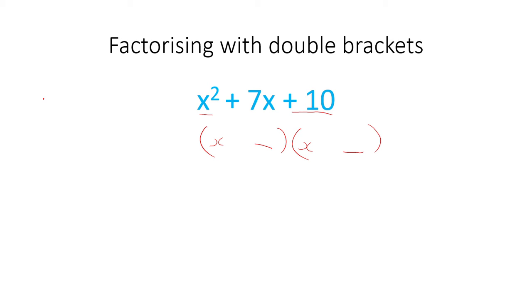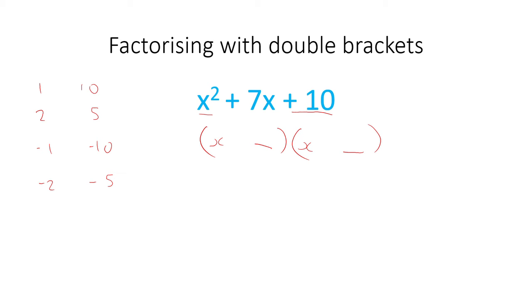So I'll list out those pairs here. First we can have 1 and 10. Second we can have 2 and 5. Third, don't forget the negative, so we have minus 1 and minus 10. And fourth, we could have minus 2 and minus 5. Okay, so those are our four pairs of numbers.